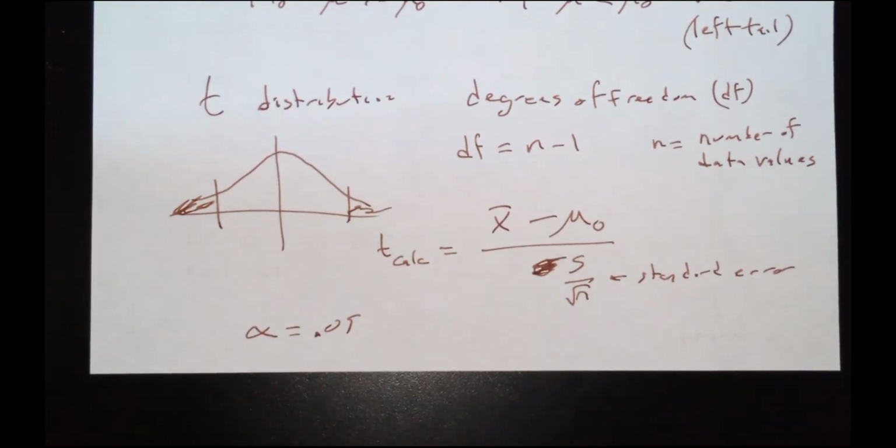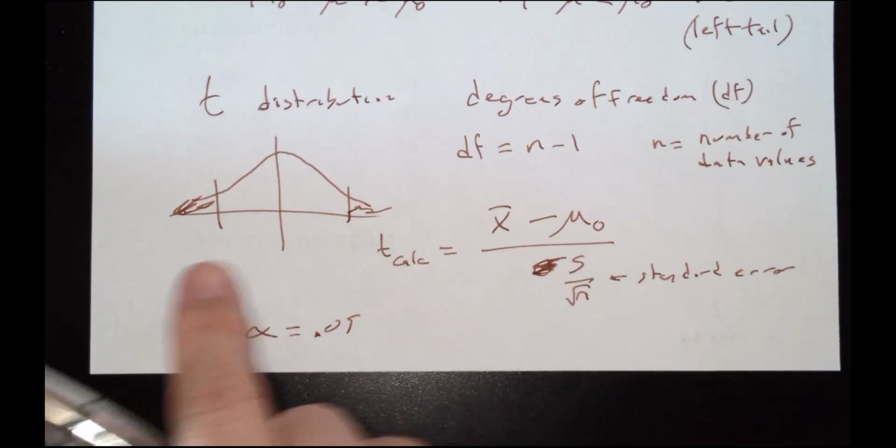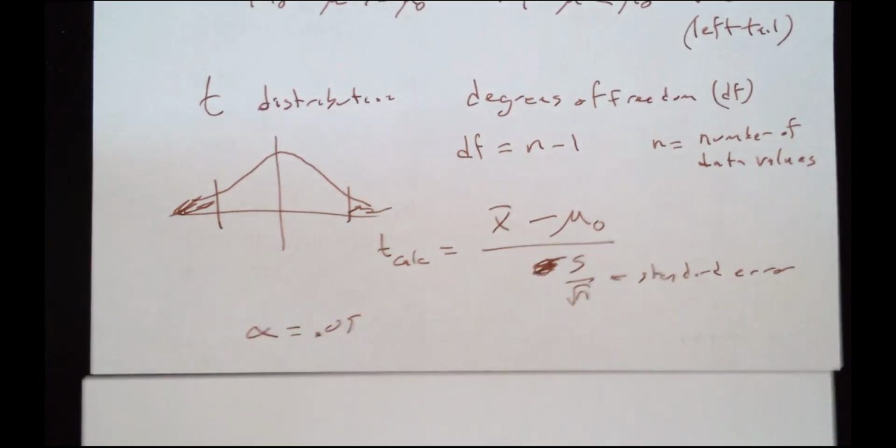By the way, if it's a one-tail test, then we only check one of the sides. If it's two, we use them both. 2.5% at the bottom, 2.5% at the top. Then we find where this number is on the horizontal axis.